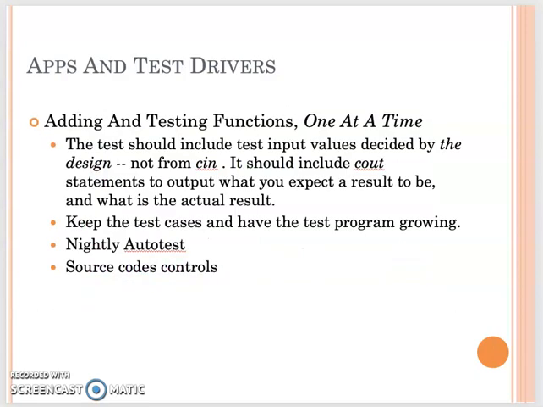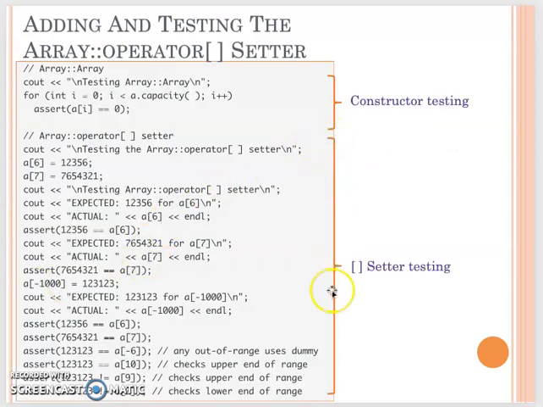Here you will see our setter function testing. Actually, the whole thing is the setter function testing we show you in the example. You see here the operator setter function test. The first thing, we just use 6 and 7. Let's assign a value to 6 and 7, because originally they are 0. After I assign, if the setter function works correctly, then when I try to get the value from A6, I should expect the value I assigned here.